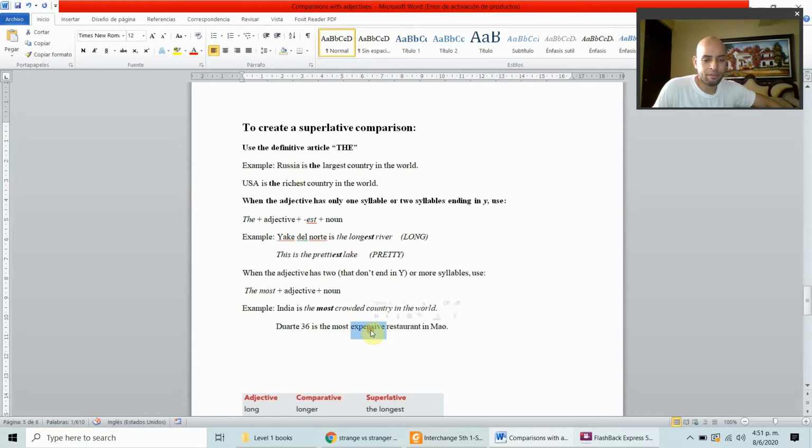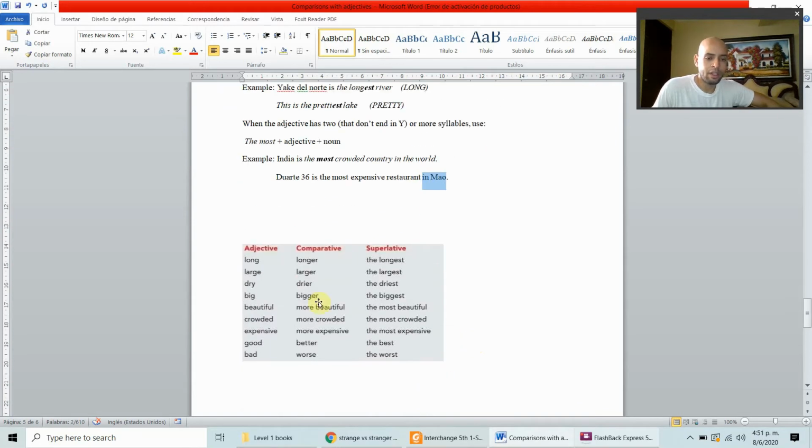Expensive, the adjective. Restaurant, the noun. So the definite article, most, the adjective, the noun modified, and other things. We're going to call that the complement.